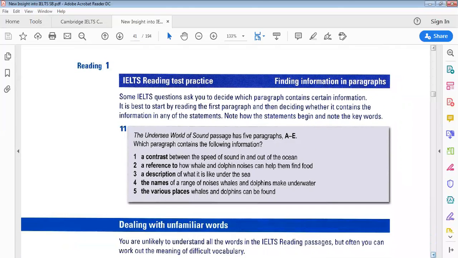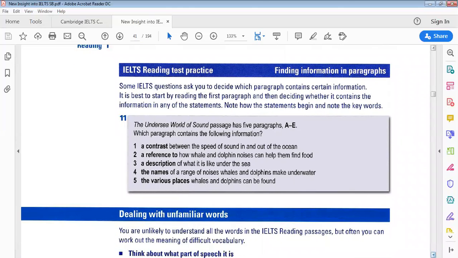Finding information in paragraphs. These questions ask you to decide which paragraph contains certain information.